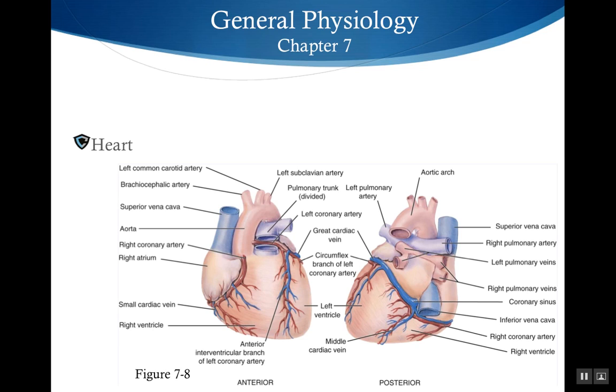That takes blood from the body towards the heart. Okay, it takes it to the right atrium, which is right here, and it passes through the valve, the tricuspid valve, and goes to the right ventricle. Okay, and then that blood goes from the right ventricle to the lungs.